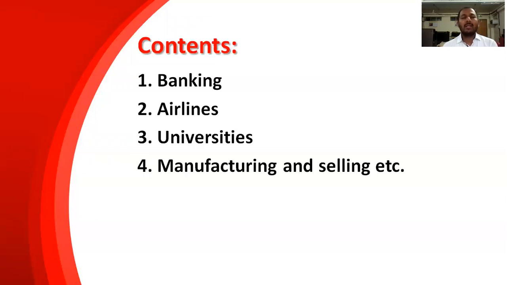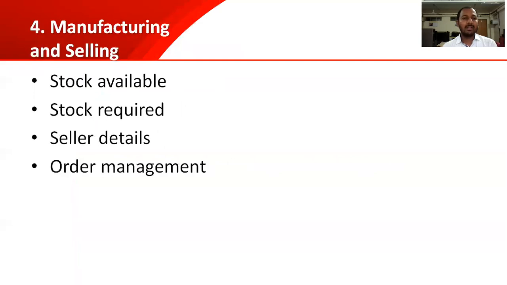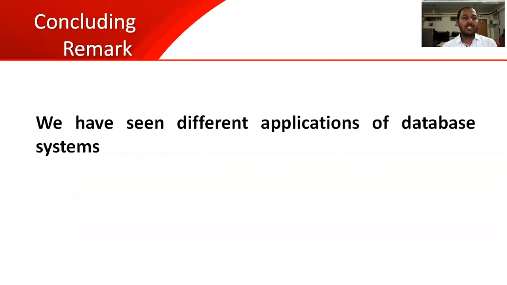So everywhere database is required. So these are the four applications I'm highlighting over here. I hope you understood all the different applications wherein database is used. So this is the concluding remark. We have seen different applications of database systems where exactly the databases are used.